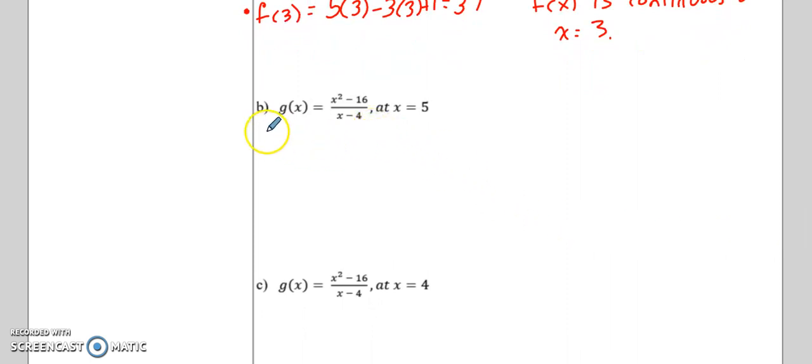B. So let's say if we try what's g of 5 first. Doesn't matter. 5 squared minus 16 over 5 minus 4. 25 minus 16. So the function value exists. What about the limit?